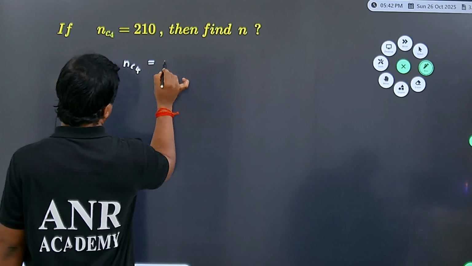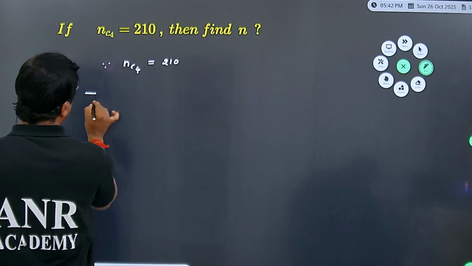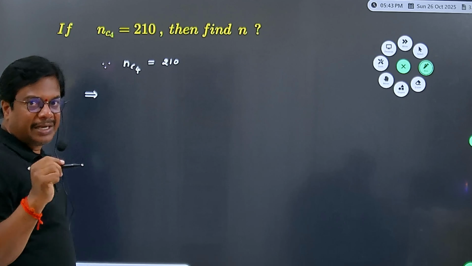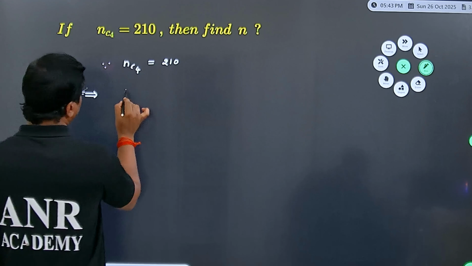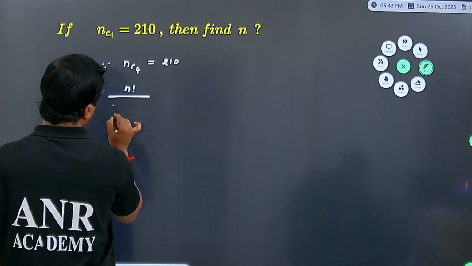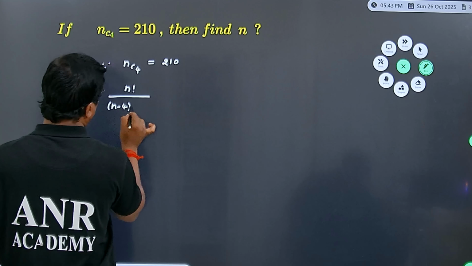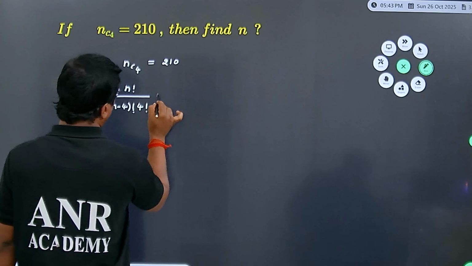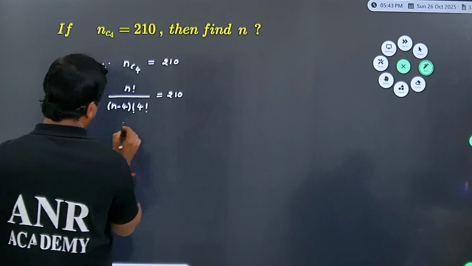NC4 is 210. By NCR formula I am going to write NC4 value, that is n factorial divided by n minus 4 factorial into 4 factorial, that become 210.